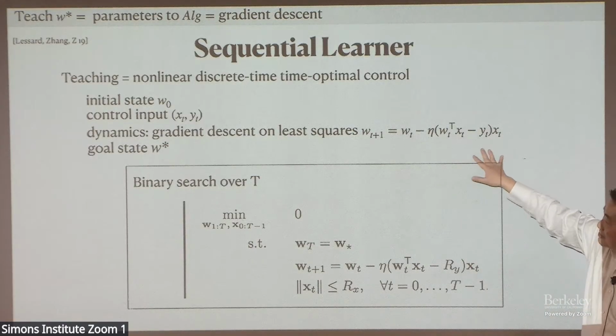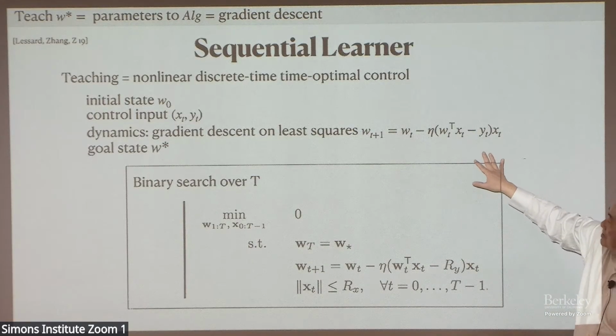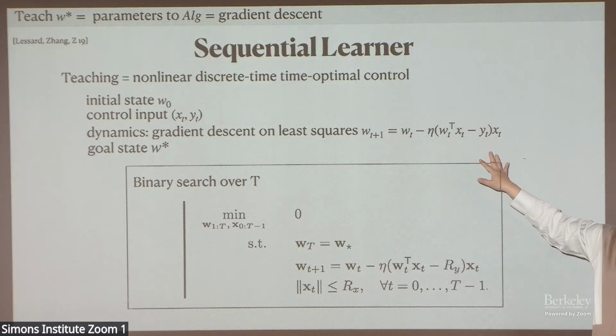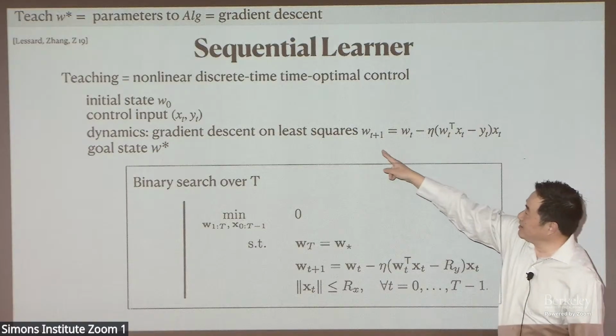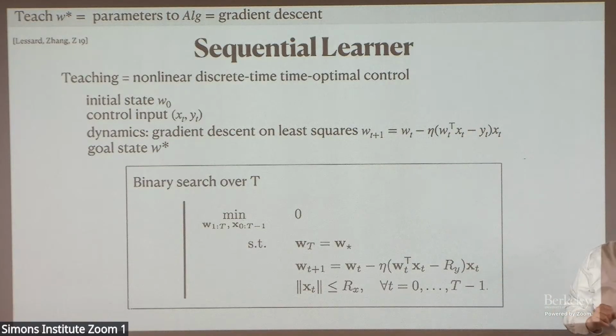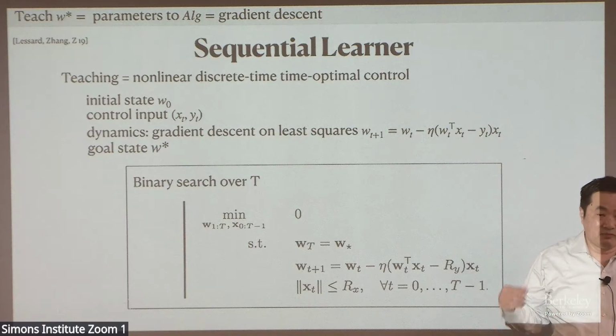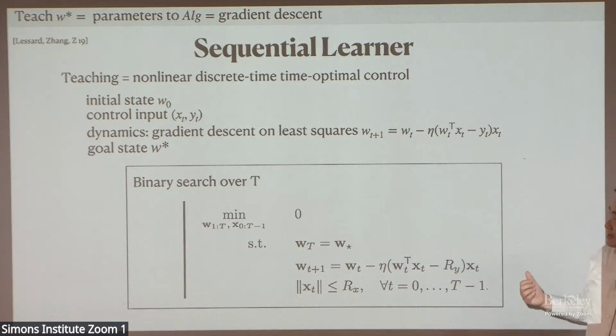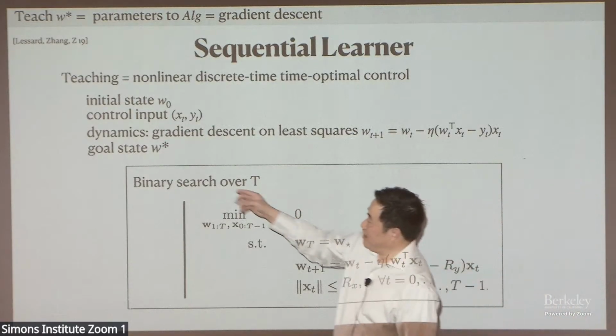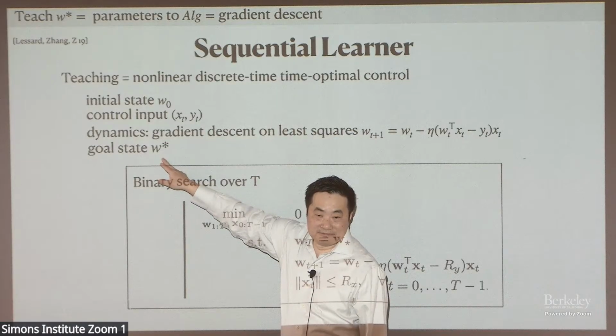This is actually just for the special case when the learner is doing the square loss. Okay, so it reduces to that. So that's how the learner would update its W. But we now think of W as the state of a dynamical system, and we know the dynamics.